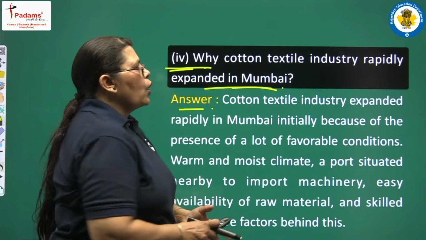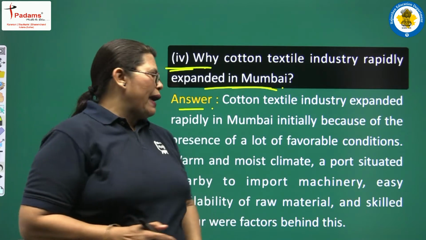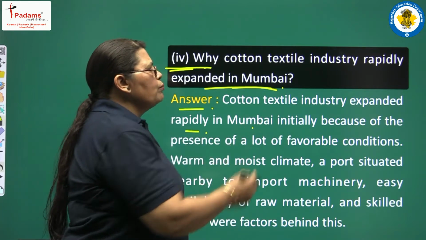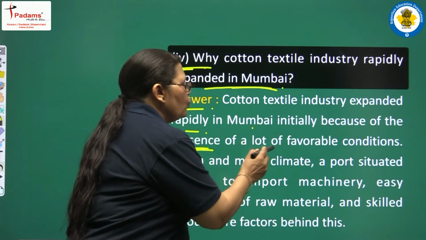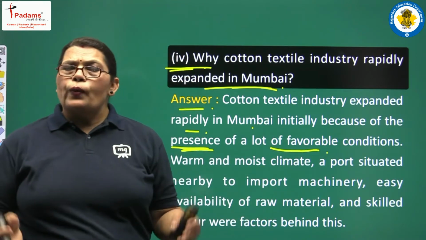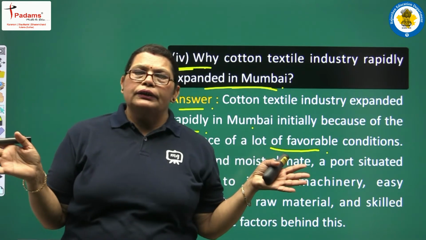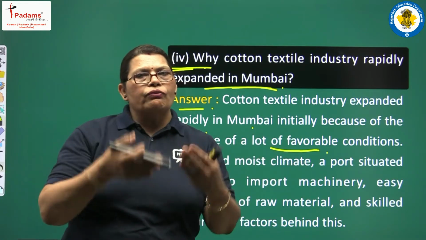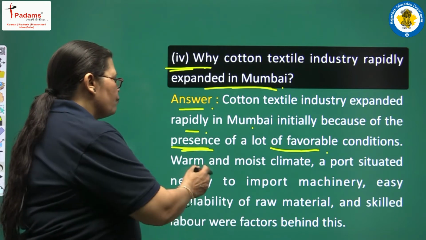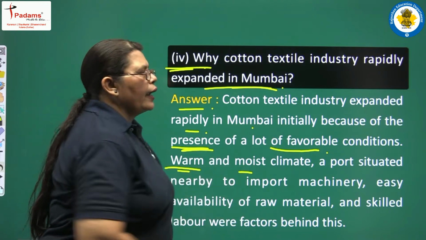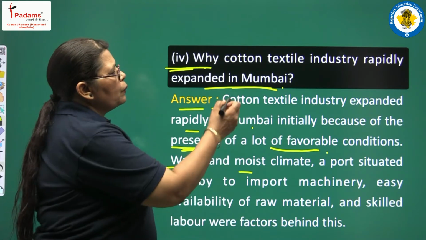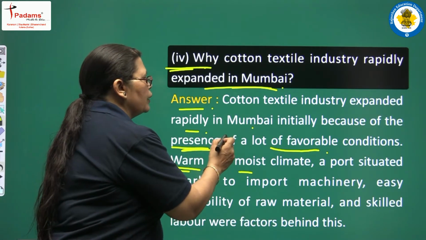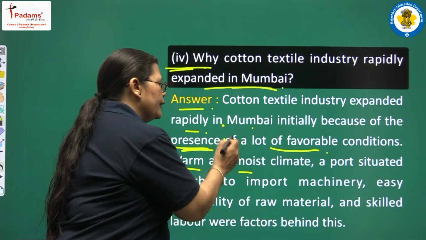See, cotton textile industries expanded rapidly in Mumbai initially because of the presence of lots of favorable conditions. What are these favorable conditions? We are taking them one by one. First one is the warm and moist climate, which is totally responsible for the expansion of the cotton textile industries.